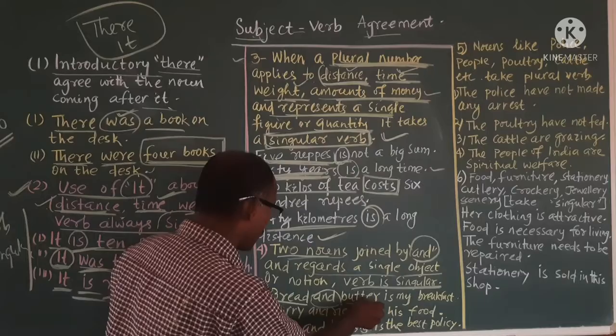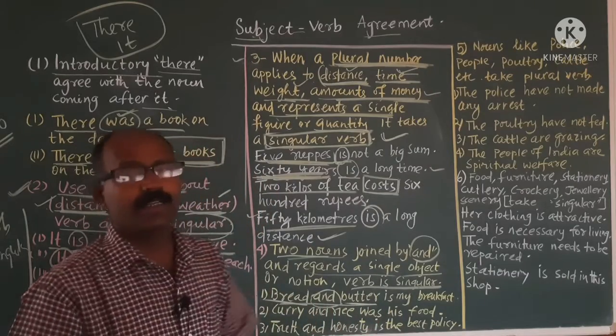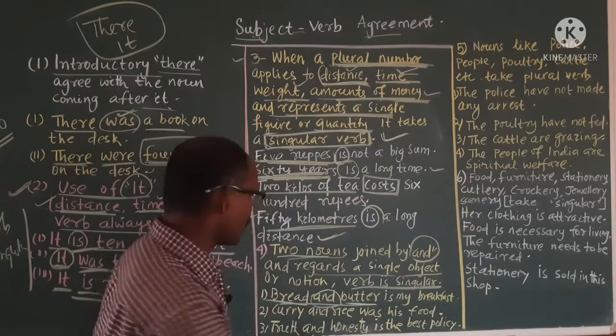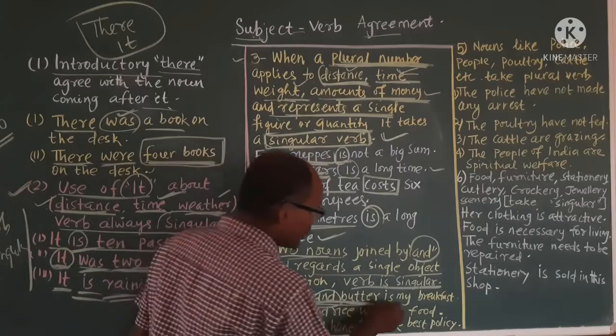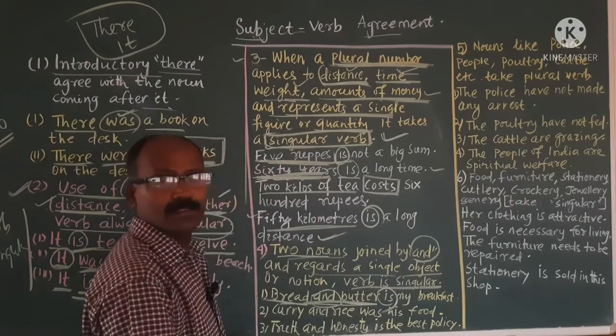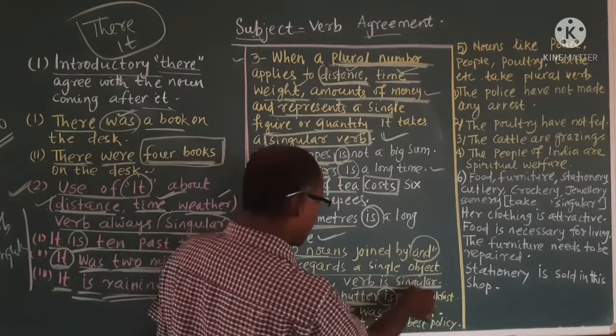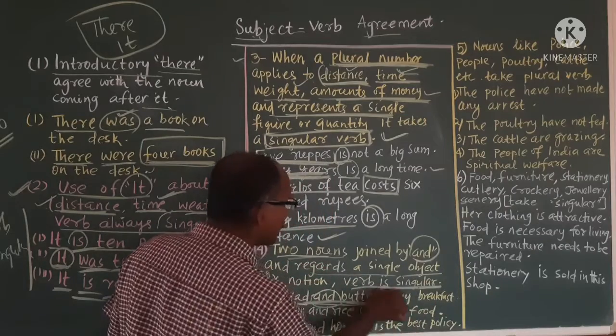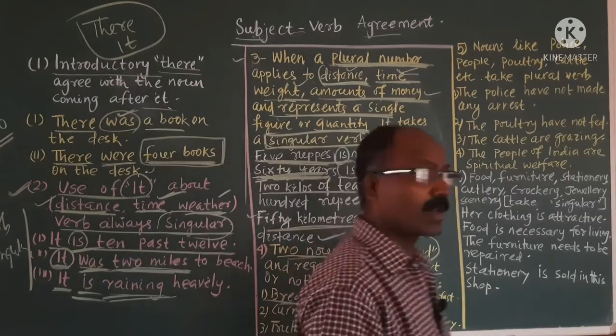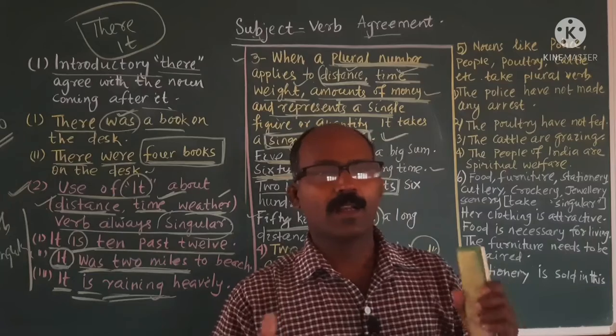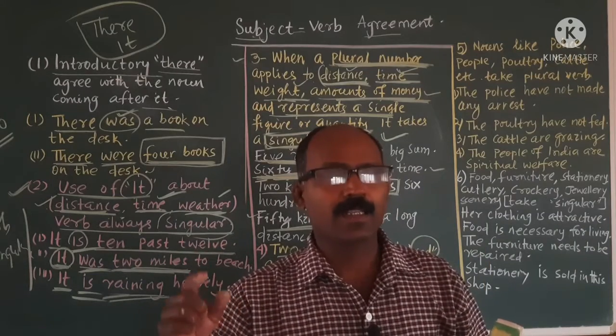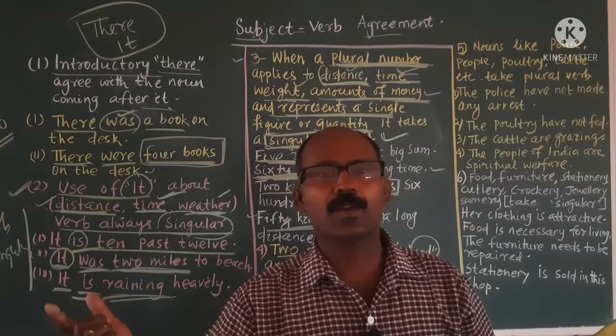That means it is food. Bread and butter indicates food. So, bread and butter is my breakfast. Here it will be singular, that means is. But the question will come: bread and butter dash my breakfast, bracket is, are. What will you do?